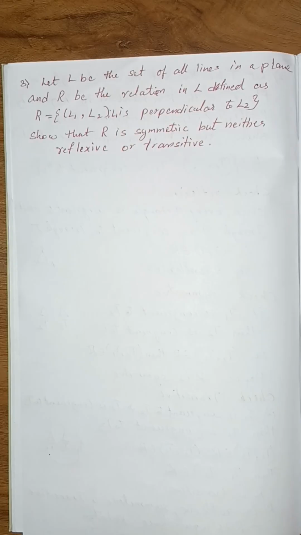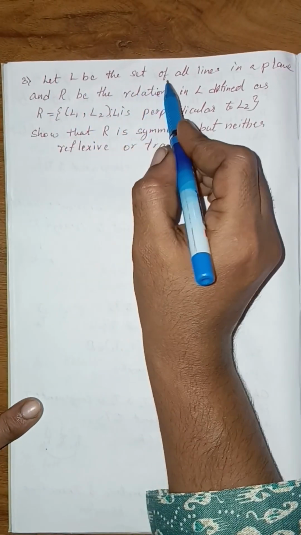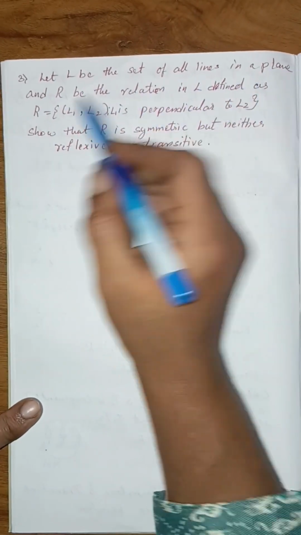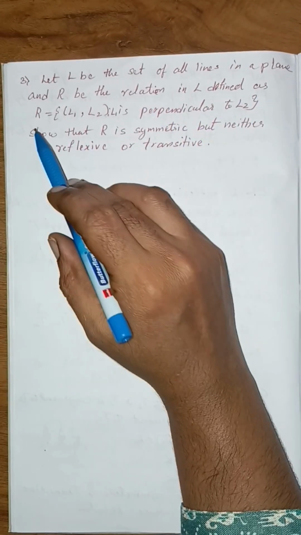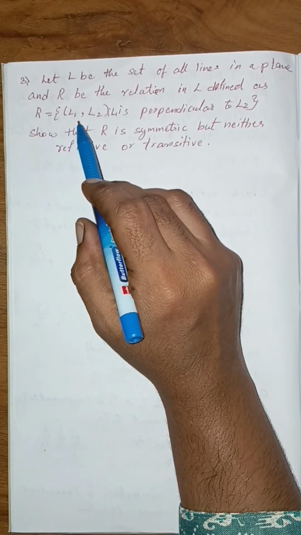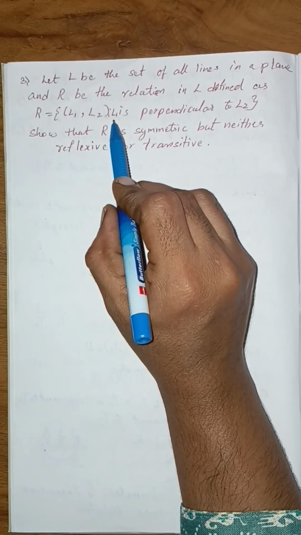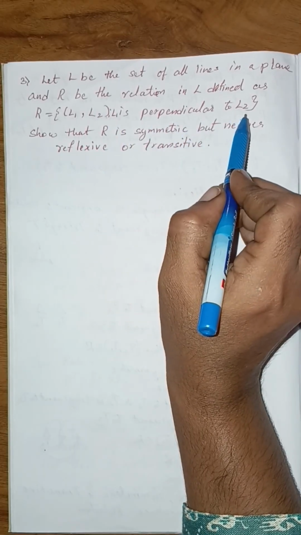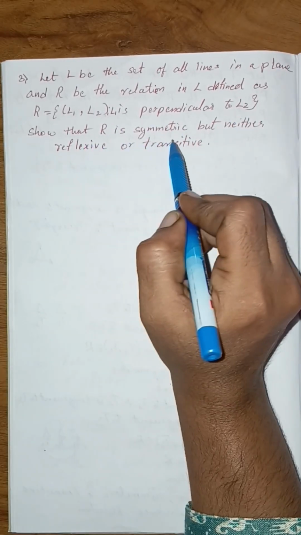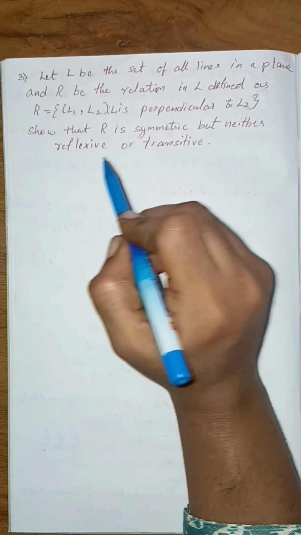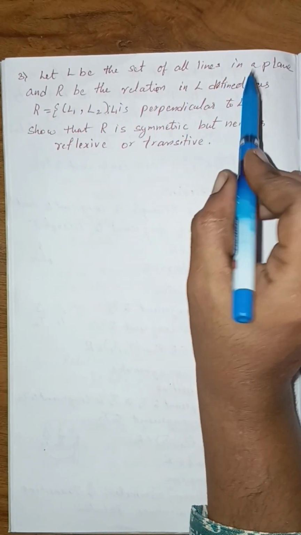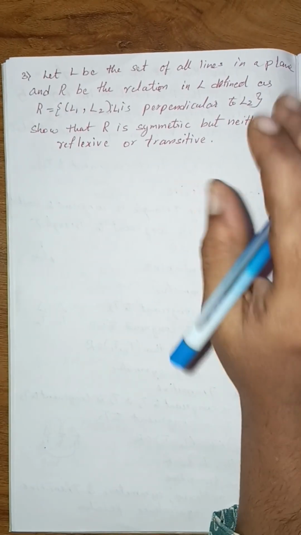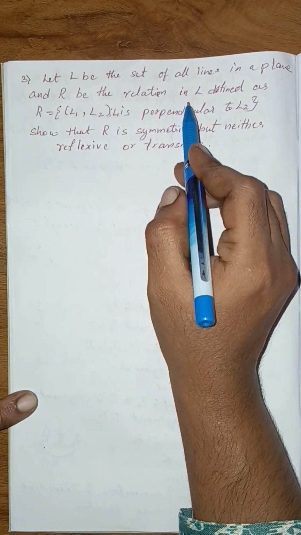Example 3. Let L be the set of all lines in a plane and R be the relation in L defined as R equals L1, L2, where L1 is perpendicular to L2. Show that R is symmetric but neither reflexive nor transitive. So they have given us L as the lines in the plane.